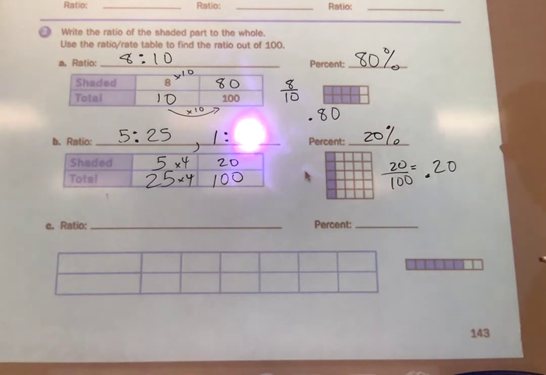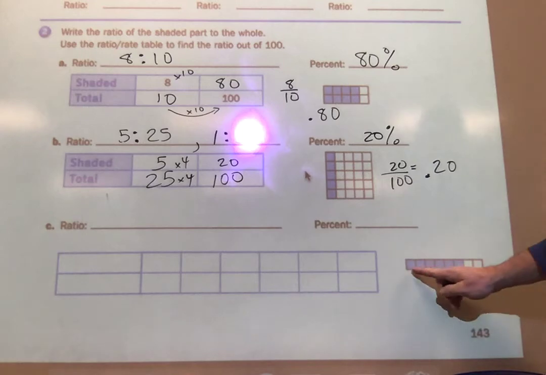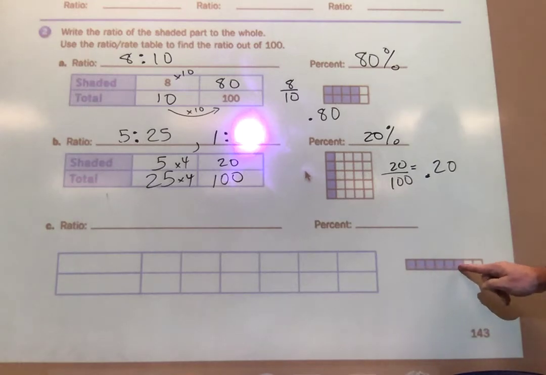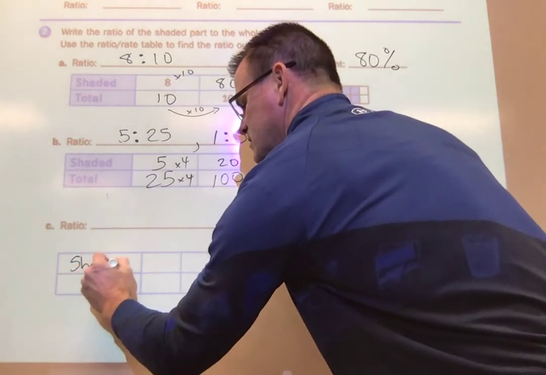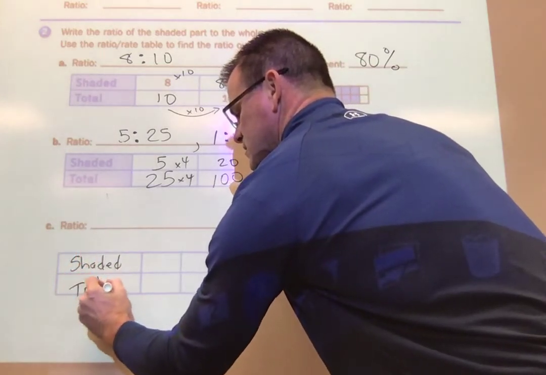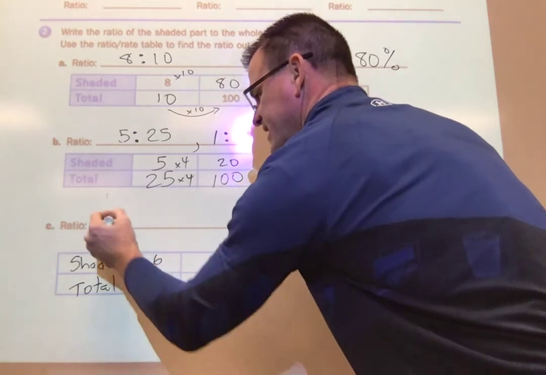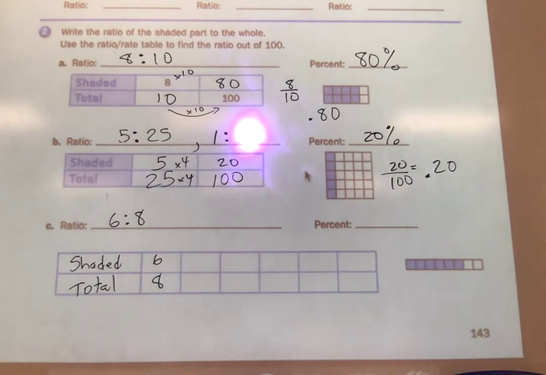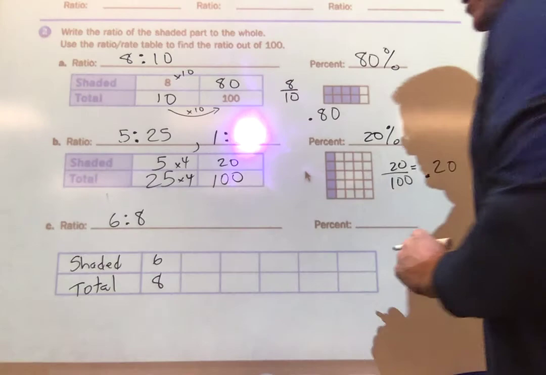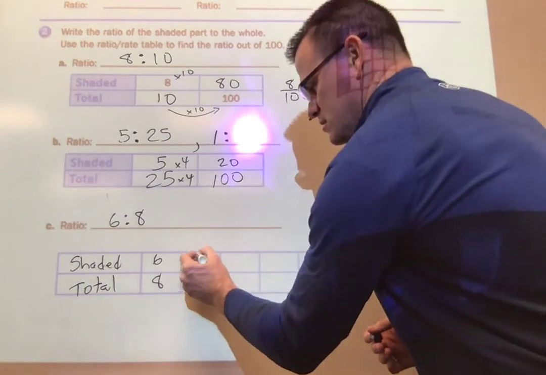Okay. Next one doesn't get along quite so well. It looks like I have 1, 2, 3, 4, 5, 6 shaded out of 8. So again, shaded to total. And I've got a 6 out of 8, so my ratio could be 6 to 8. That part to whole or part to total ratio, 6 to 8. Other people can see that if you cut that in half, it's a 3 to 4 ratio.